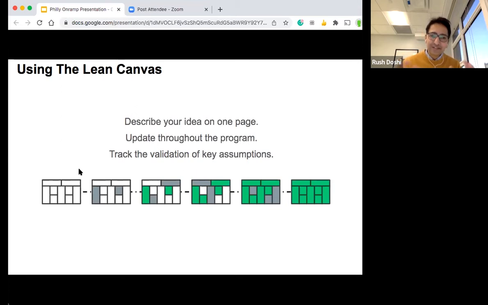Having a one page place to look at it is a great way to keep it top of mind, as opposed to hidden or stuck somewhere else. That's why this kind of tool is pretty useful.